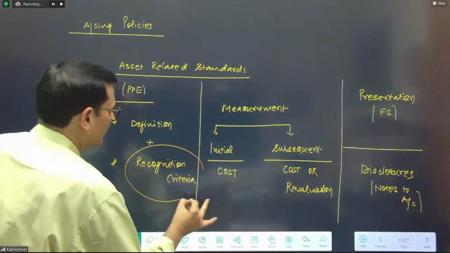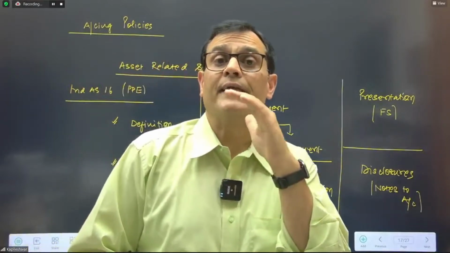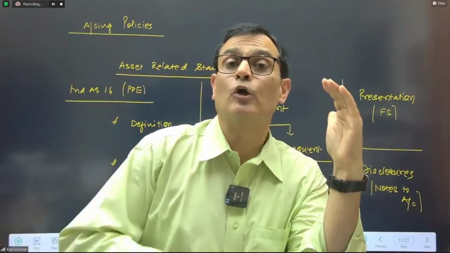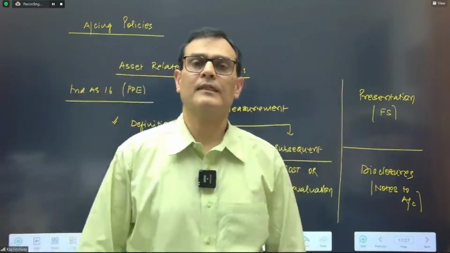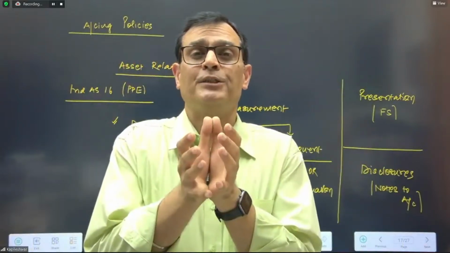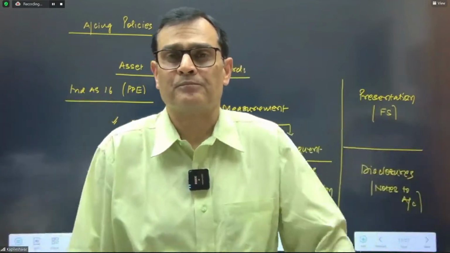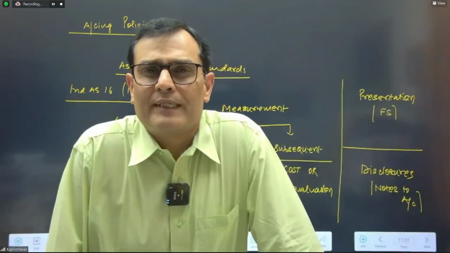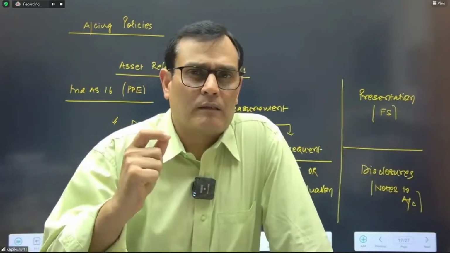They are deciding whether to recognize it as an asset or not to recognize it as an asset. When you take a choice on a recognition principle, you're going to recognize it or not.